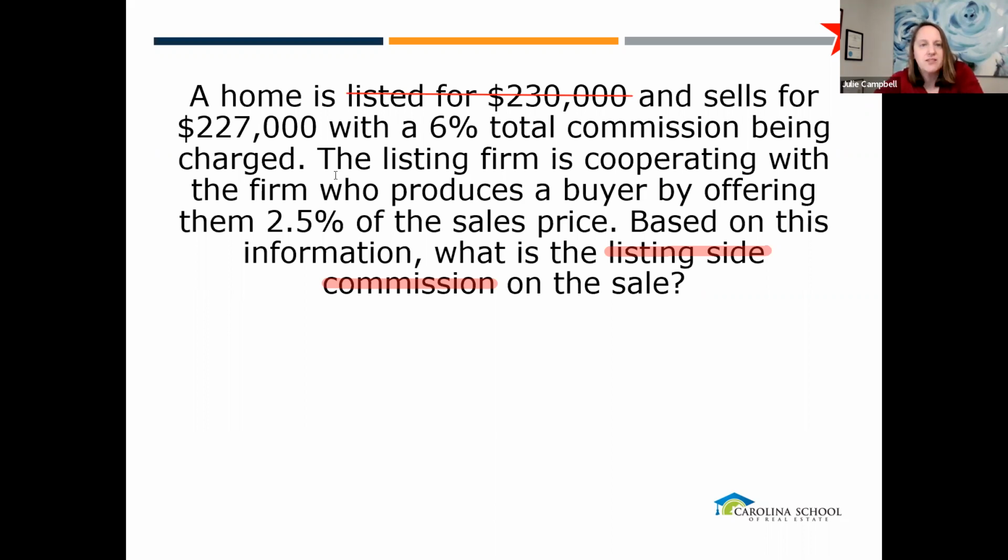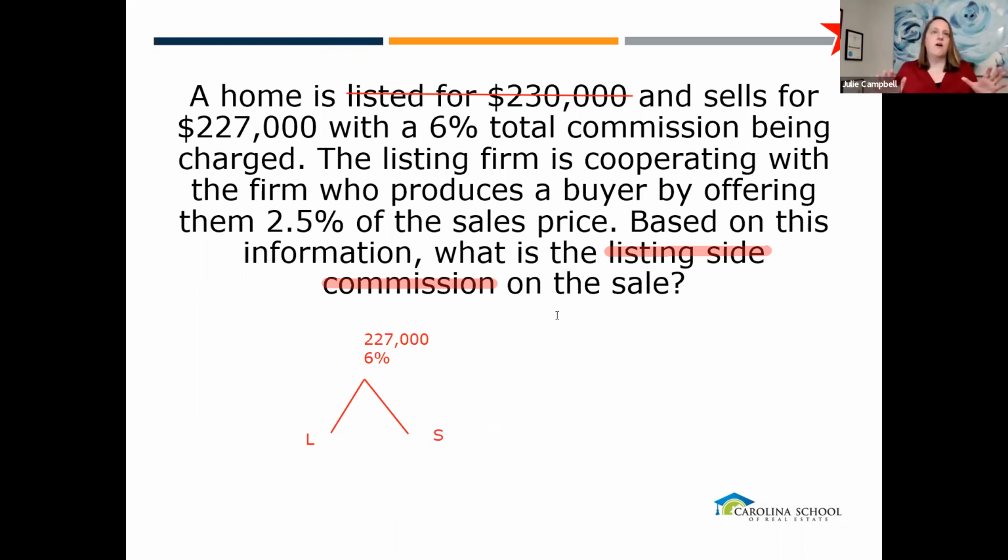So if we map this out, I have a sales price of $227,000. I have a 6% commission. This commission is going to be split between the sides. So we got the listing side and the selling side. Everybody with me?